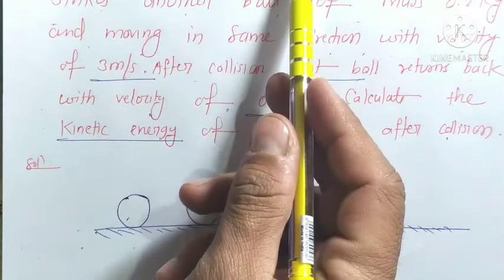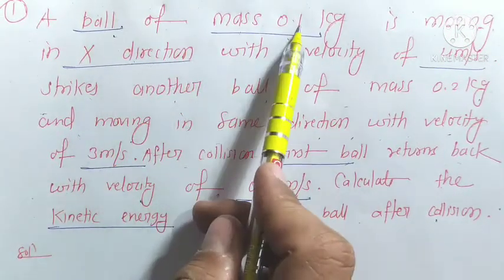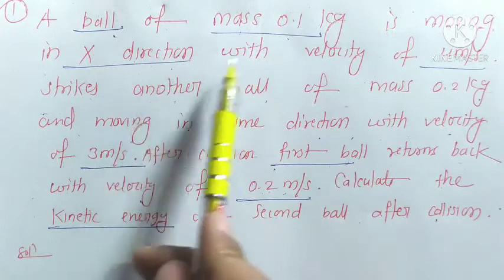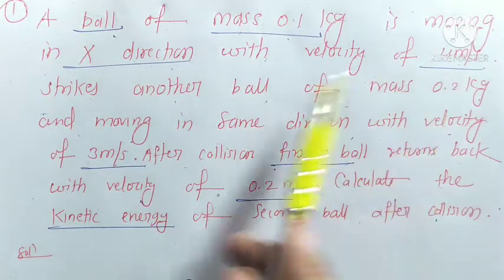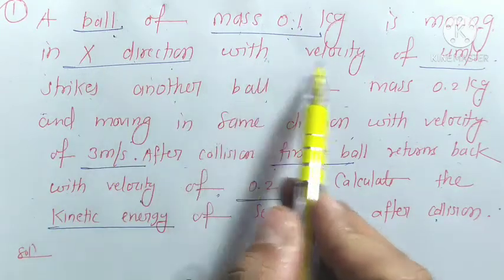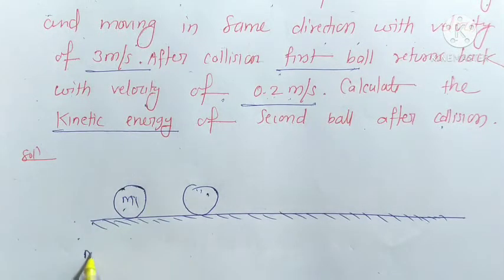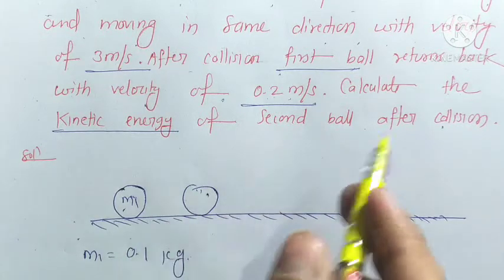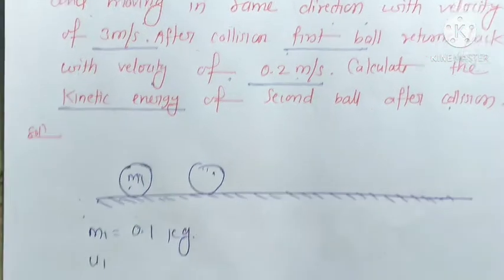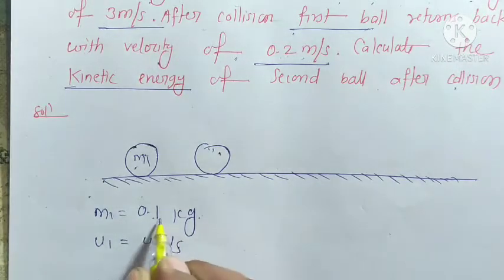The first ball has mass 0.1 kg and is moving in the x direction with velocity 4 meter per second. So this is the first ball of mass m1, which is given as 0.1 kg, moving with initial velocity u1, 4 meter per second.